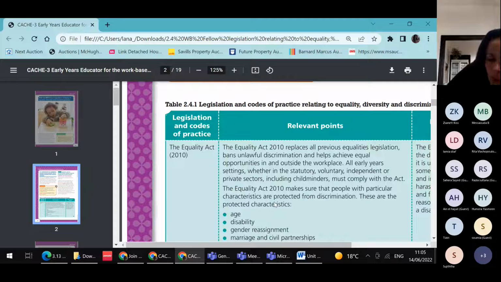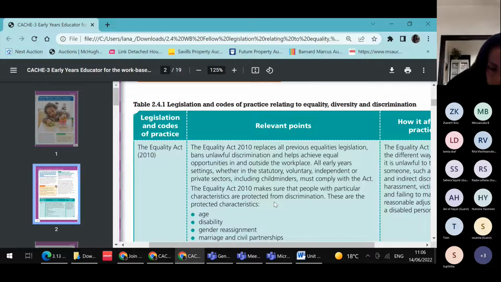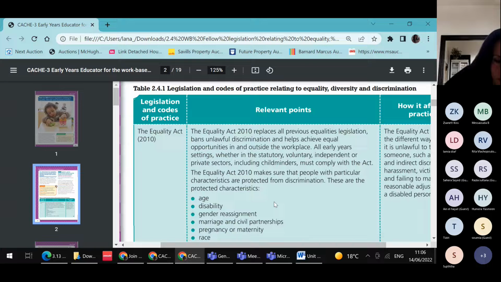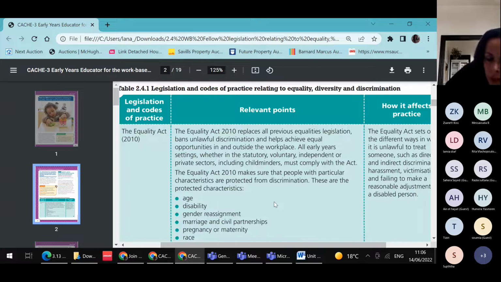First of all, we have the Equality Act 2010. How does this legislation affect the inclusive practice? The Equality Act replaced previous legislations.